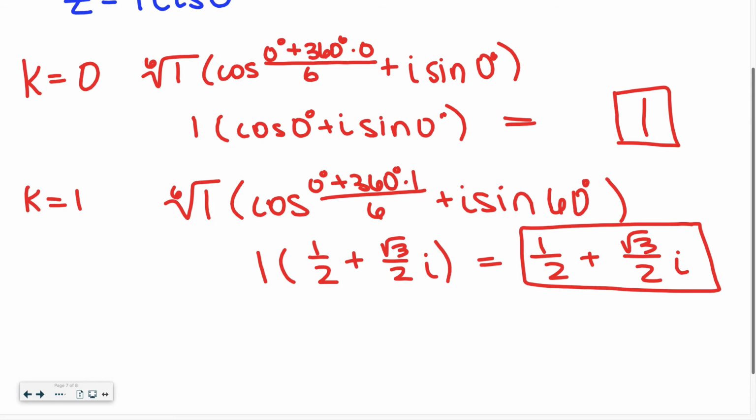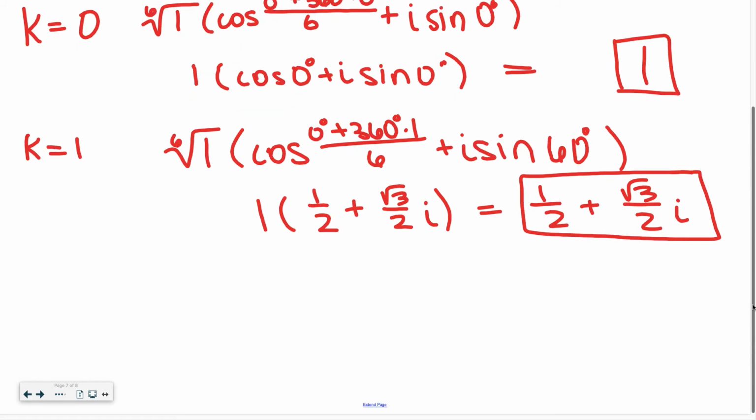Okay? Now, how many of you find yourself getting annoyed having to write this formula over and over and over again? Okay? Did I tell you that there's going to be symmetry? There is going to be symmetry. How far apart are these angles? 60 degrees. So that means when we go to k equals 2, this is also going to be 60 degrees apart.